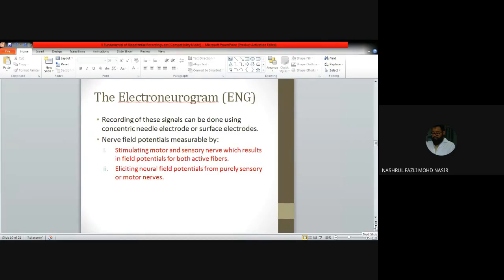So you can measure these signals using either a concentric needle electrode or surface electrodes. Like I told you, it depends on how accurate and how precise a measurement you need, and whether it is comfortable for the patients.